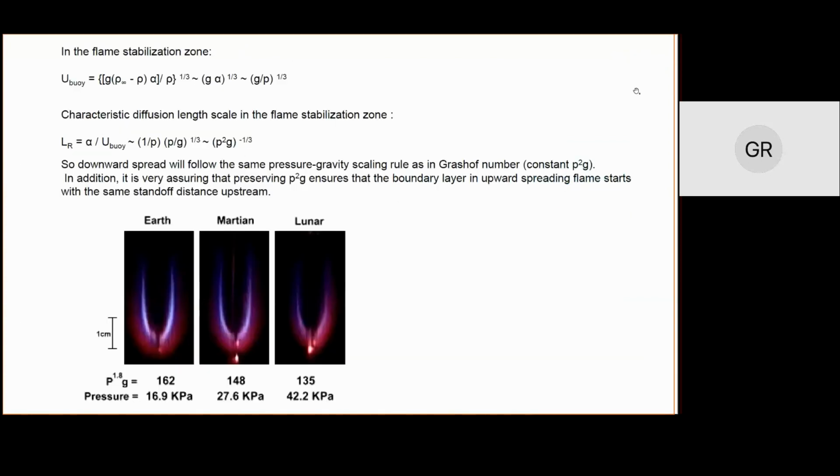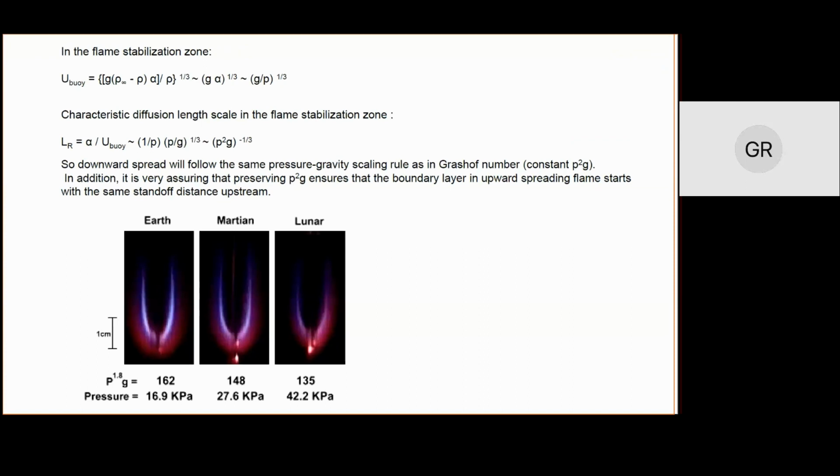If you look at these three frames again, the flame starts with a leading edge and then has a boundary layer type. The leading edge is what we call the flame stabilization zone.